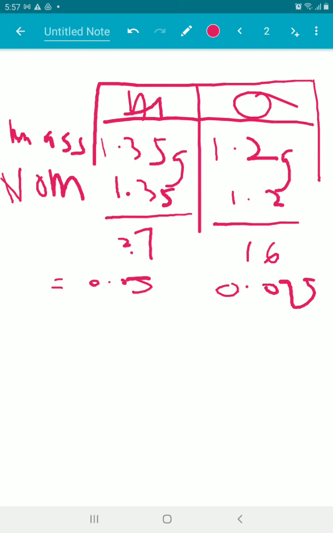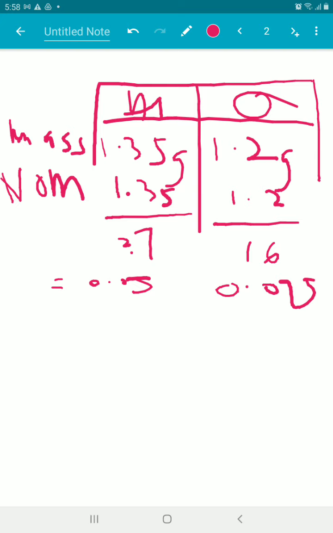Then step number 3, you need to calculate the simplest ratio of number of mole. I repeat, you need to calculate the simplest ratio of number of mole. This is how we calculate the simplest ratio: you divide by the smallest number of mole.